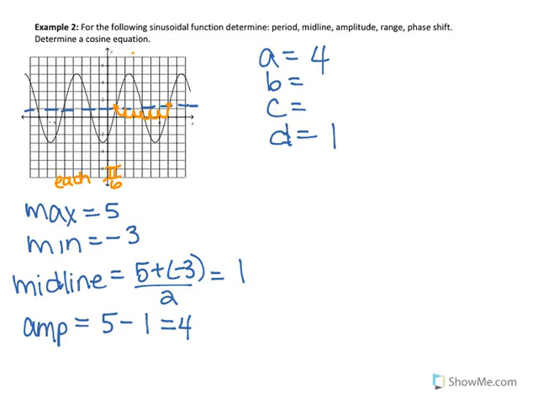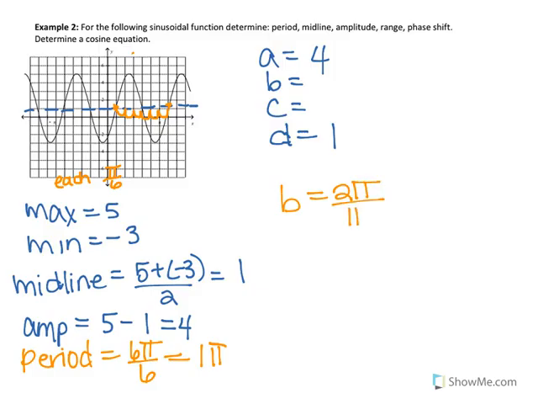So that is actually just pi. So our period length for here is actually just 1 pi. Or if you want to think about it as 6 pi over 6, you can, but it is 1 pi. So our b value is going to be 2 pi divided by pi. These cancel, and we are left with a 2.